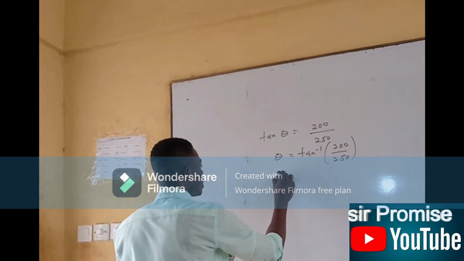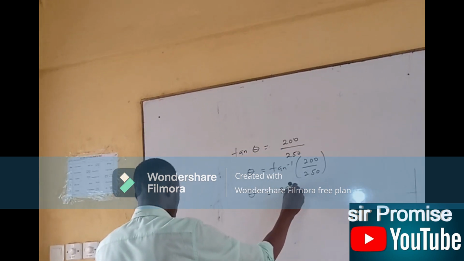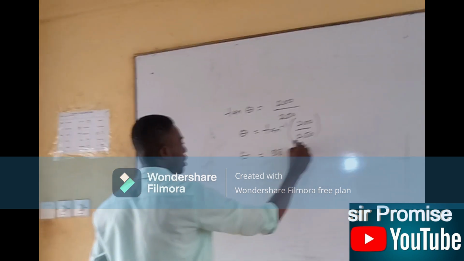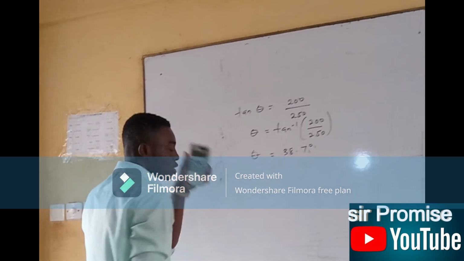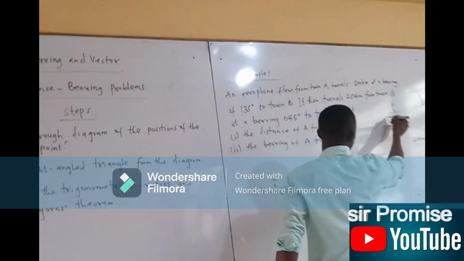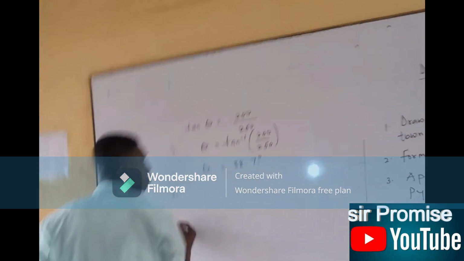So we are going to get the theta to be recorded as 38.7 degrees. But that is not the final answer because we are finding this line. So it means that the theta plus 45 plus 180 should be the bearing.